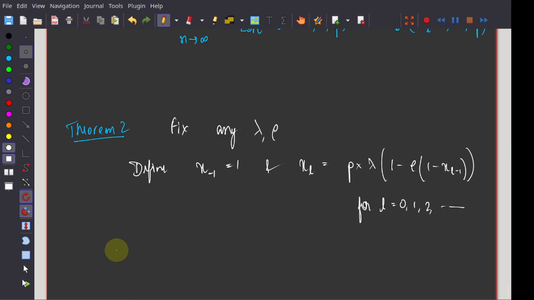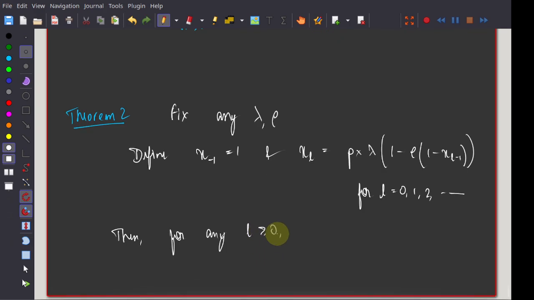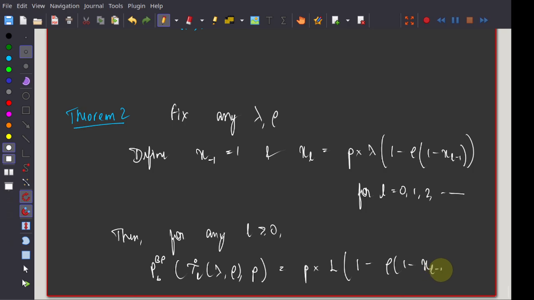Then for any L greater than or equal to 0, the probability of bit error of the belief propagation algorithm for the LDPC code over the BEC with probability p is exactly equal to p times L of 1 minus rho of 1 minus x(L minus 1). Now again, this seems hard to parse.